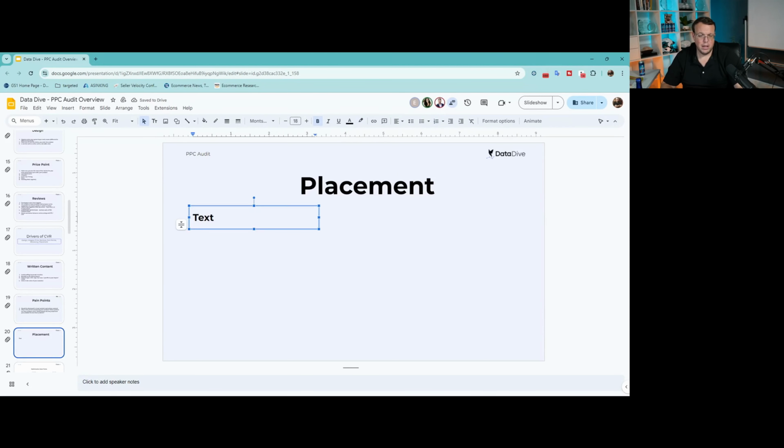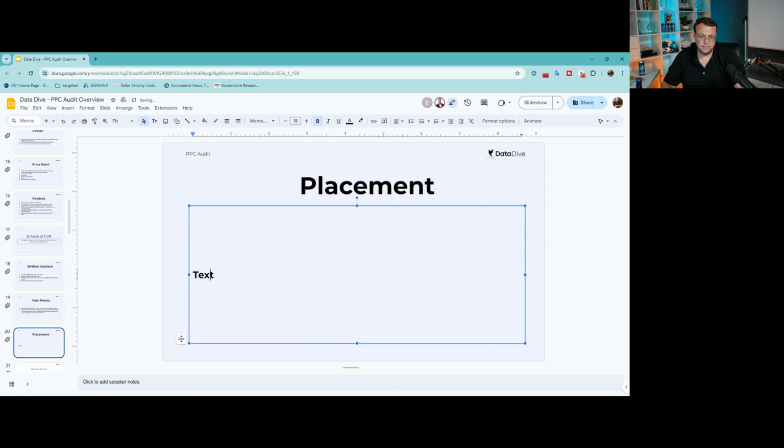Now, placement. How does the placement of your ad or your product impact click-through rate and conversion rate? So, how would the placement of your ad, let's talk about ads first, impact your conversion rate?